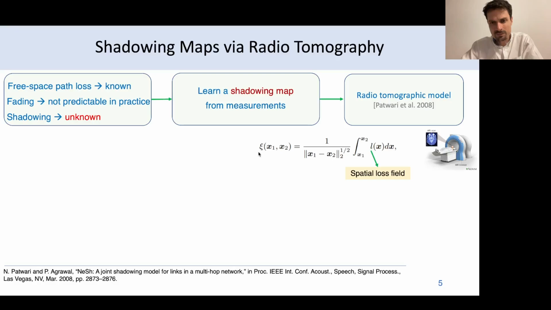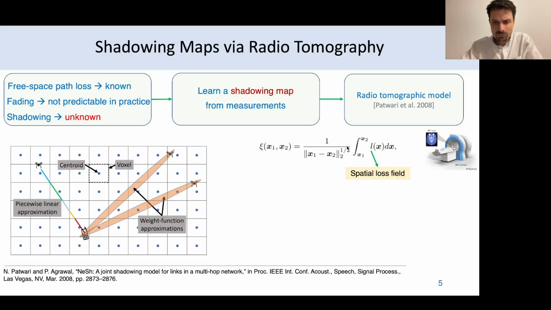This model establishes that the shadowing component between two locations, for instance the transmitter and the receiver, or the other way around, is a scaled version of the line integral of the so-called spatial loss field. So the spatial loss field is a function that essentially provides the attenuation that an electromagnetic wave suffers when going through the point x, right?